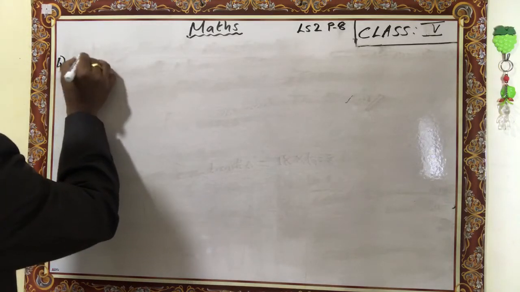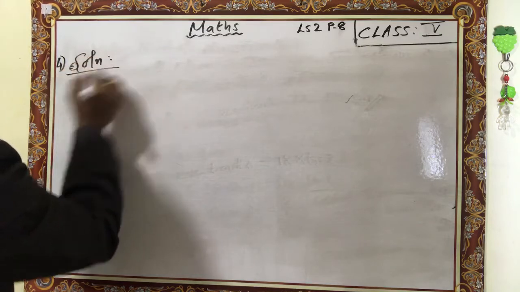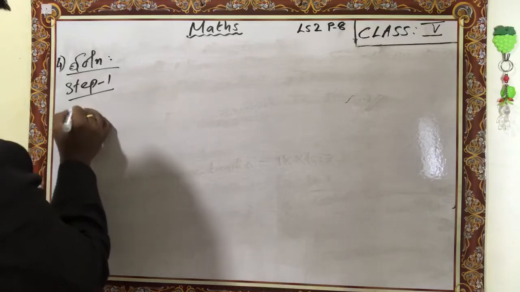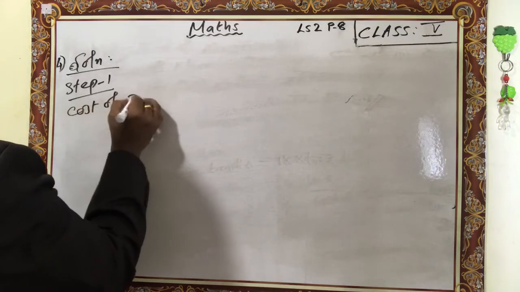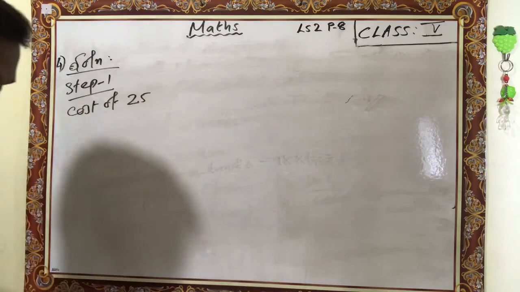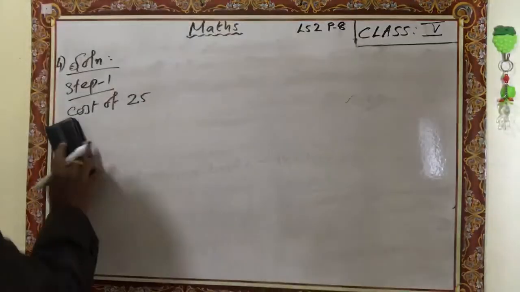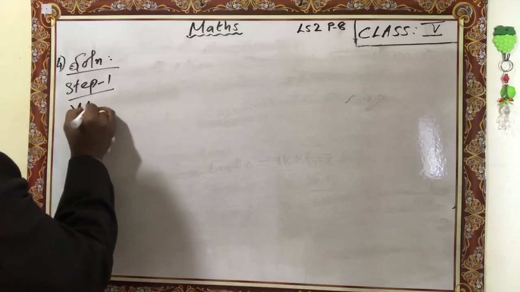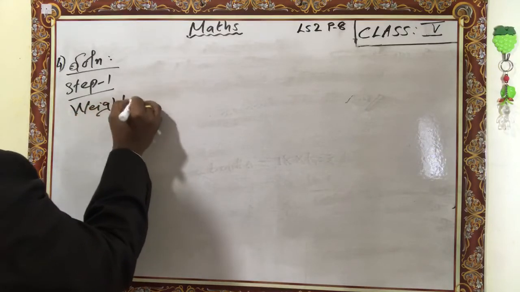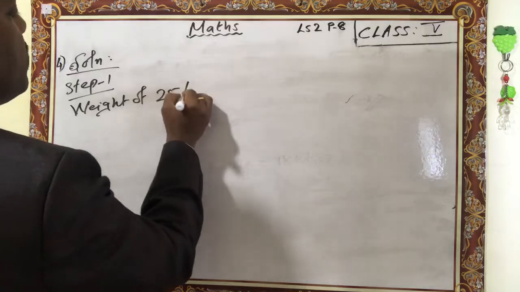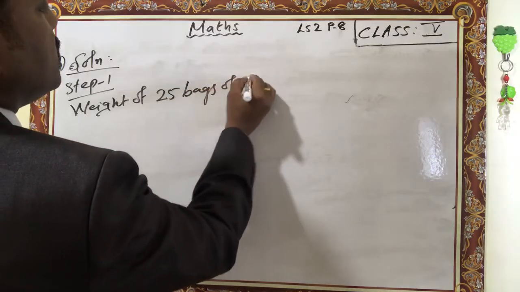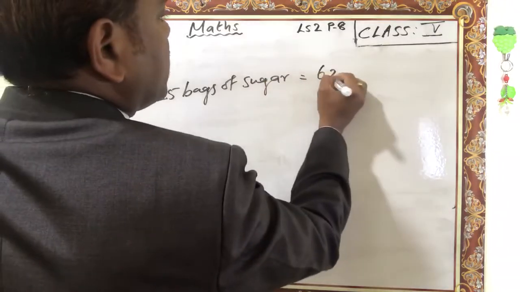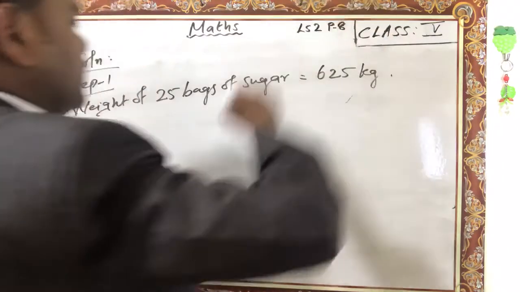Solution, Step 1. Weight of 25 bags of sugar is equal to 625 kilogram.